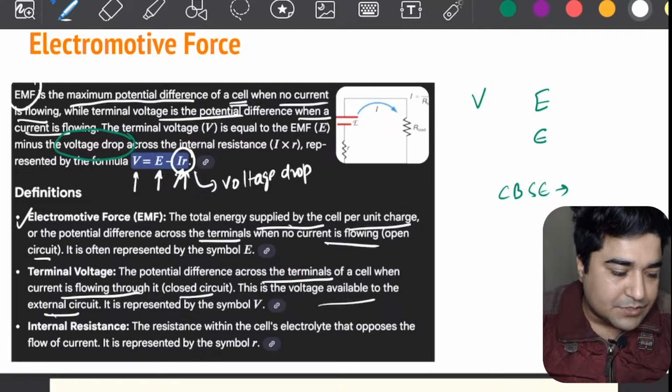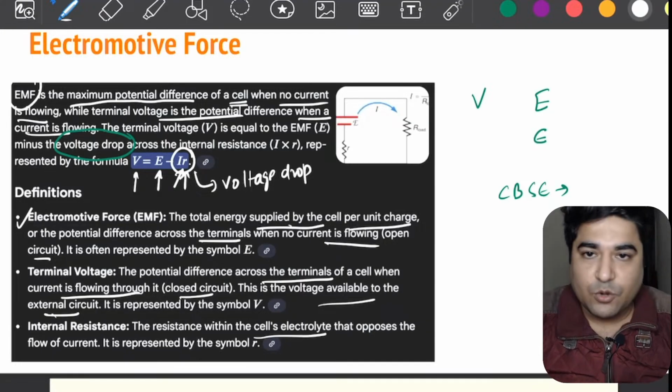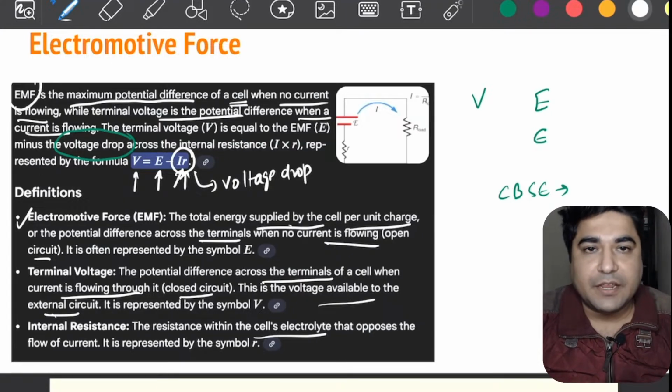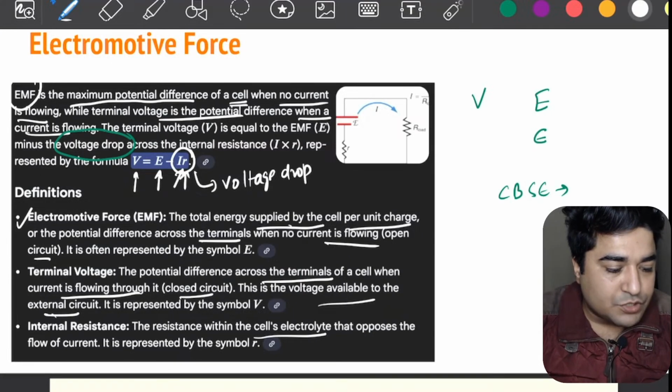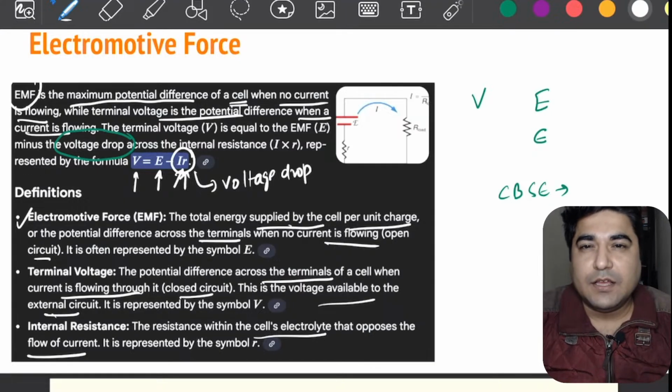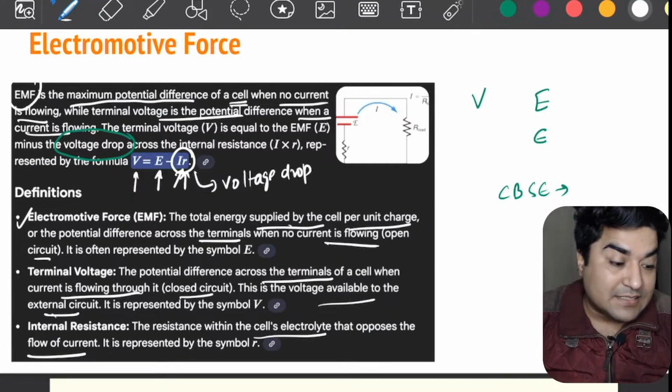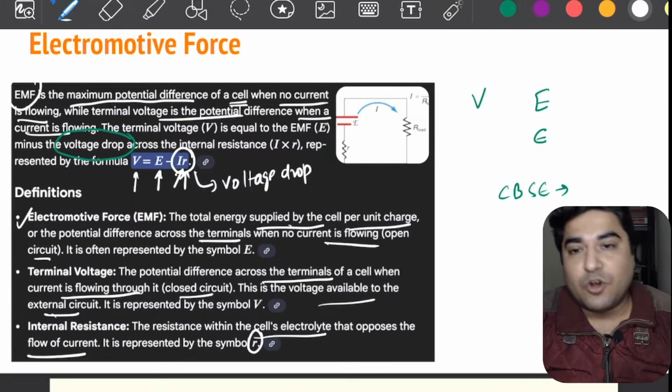It is the resistance within the cell's electrolyte, which is a basic solution for the cells where electrodes are installed, that opposes the flow of current. We know that all resistances oppose the flow of current, and this is represented by the symbol small r.